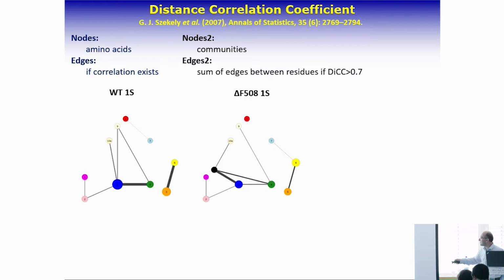And as you see, interaction between communities 3 and 4 were seriously decreased, and a new community can be observed in the mutant protein, and we hope that this is the source of the problem.